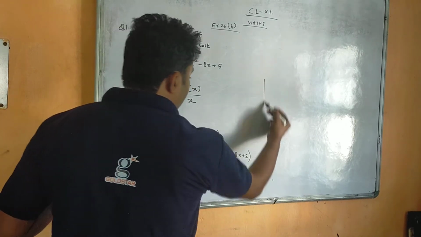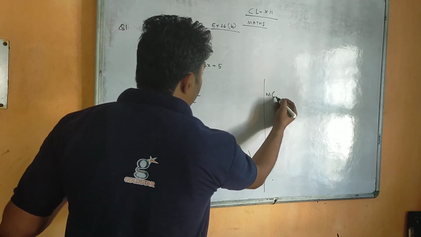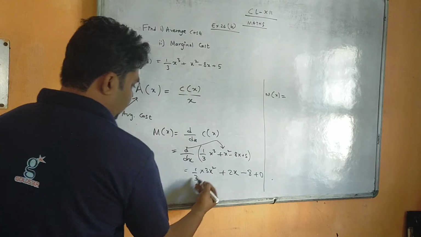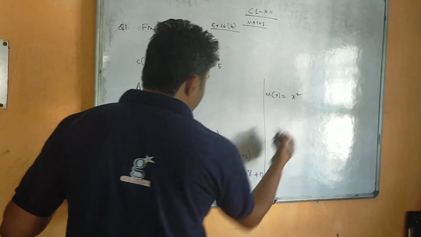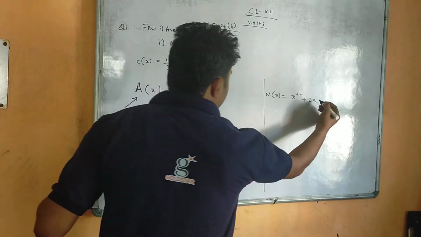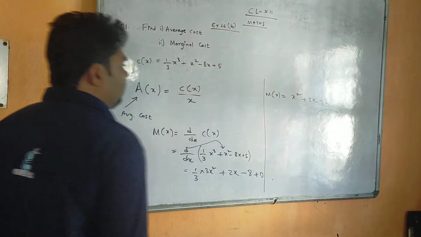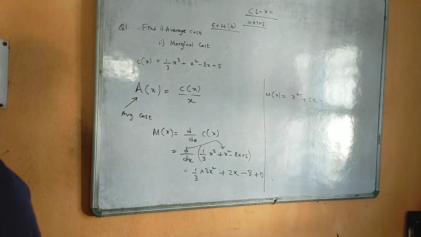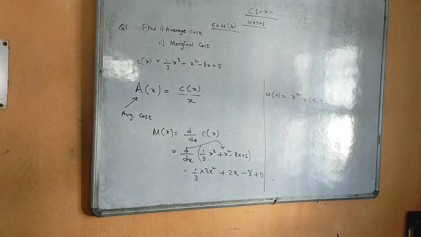So what will be our answer then? Marginal cost MC equals, 3 and 3 will get cancelled, we will get x square plus 2x minus 8. So this is our marginal cost, right? So if average cost is being asked, you divide each and every term by x, and for marginal cost you need to differentiate the cost function.